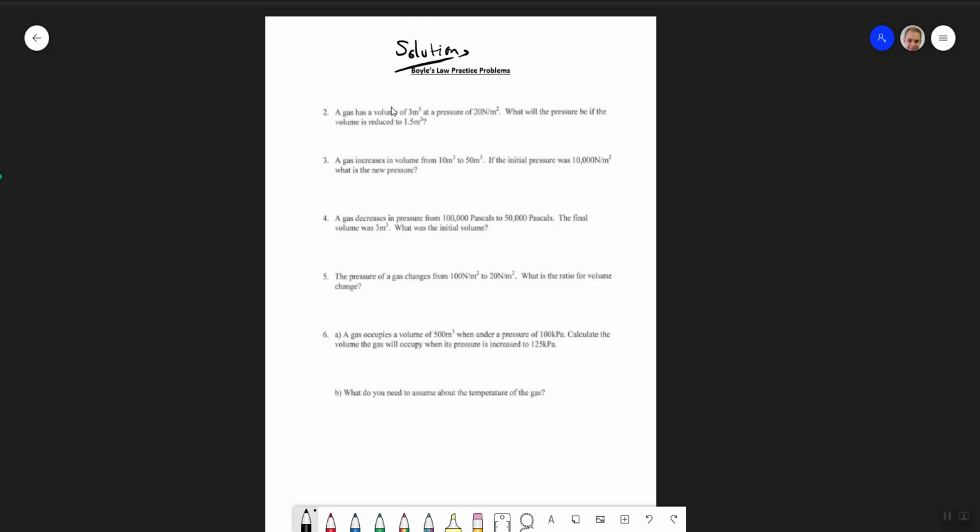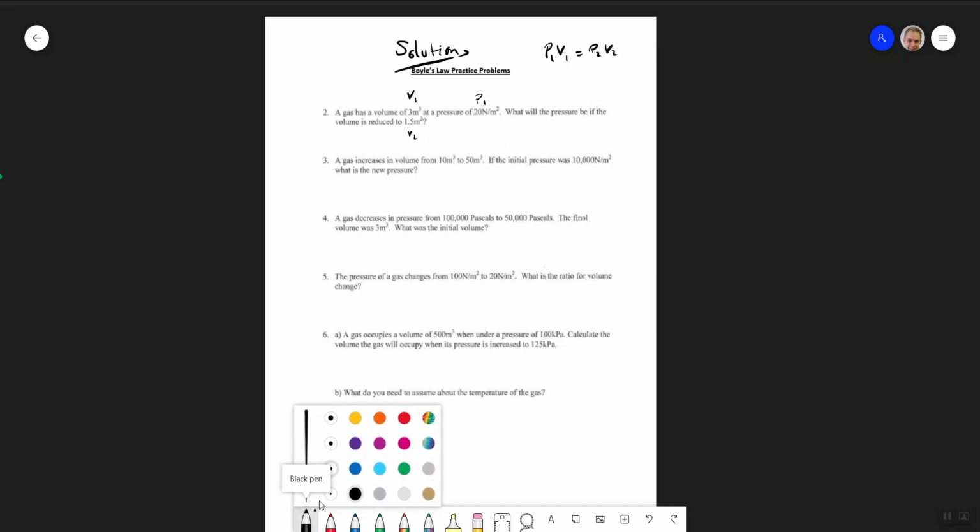So this first one, gas has a volume and a pressure, so we've got V1, we've got P1, and we've got V2. So we know that we're continually using P1 V1 equals P2 V2.